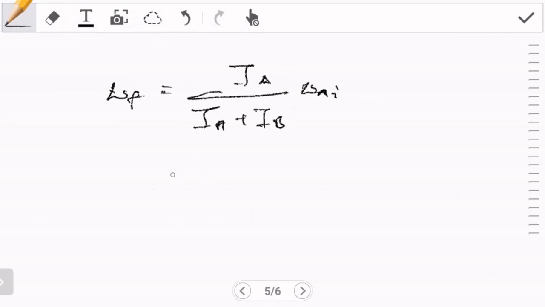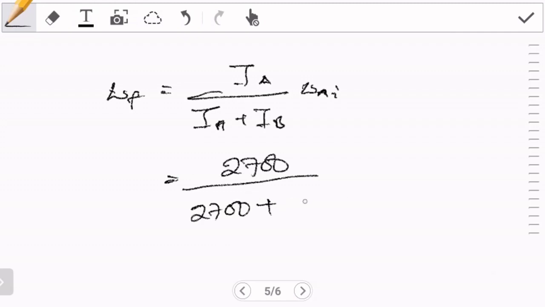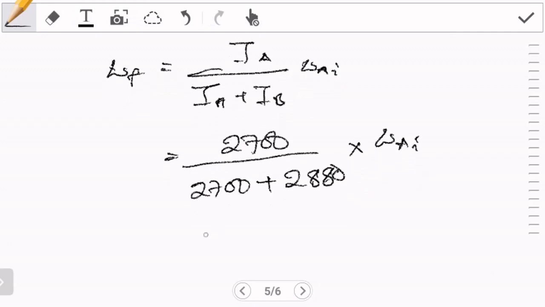The moment of inertia for the merry-go-round, we found, was 2,700, plus 2,880. We notice these have the same units, so the kg meter squared will cancel, but they multiply the angular velocity. So whatever the units of this are will be the unit of our final answer.